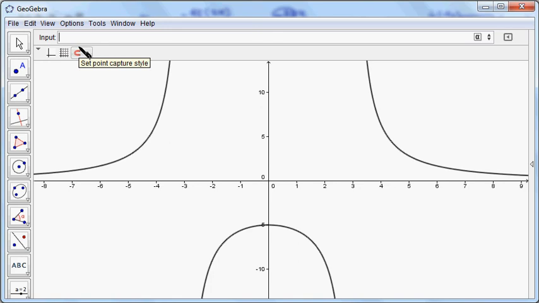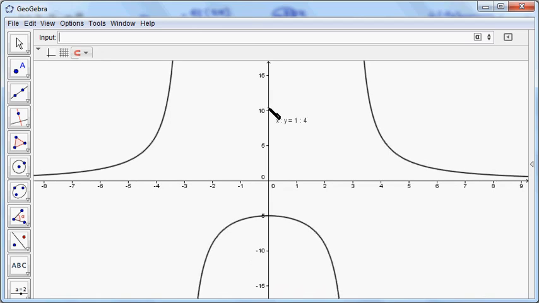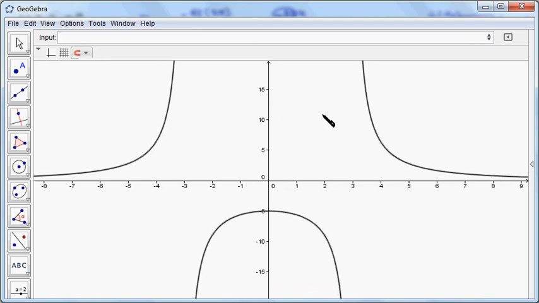So you can see that this is the graph. Maybe I'll rescale it a little bit so that we can see it better. That's the graph, and you can see that there's a vertical asymptote at x equals negative 3, and a vertical asymptote at x equals positive 3.